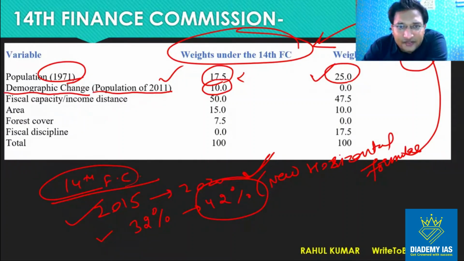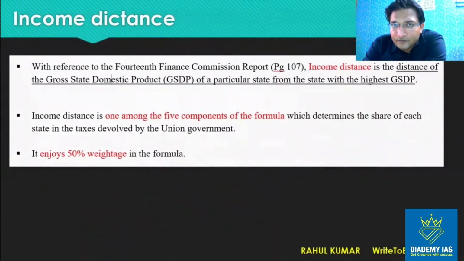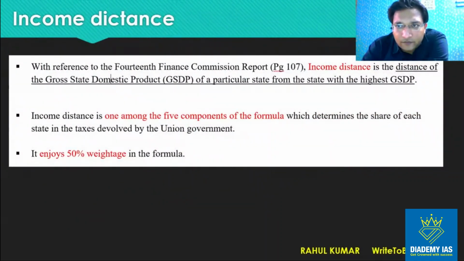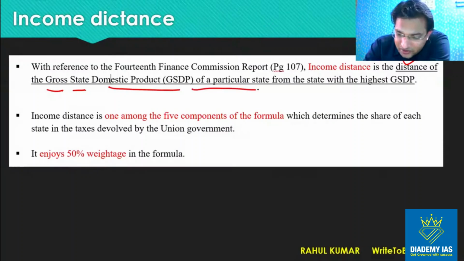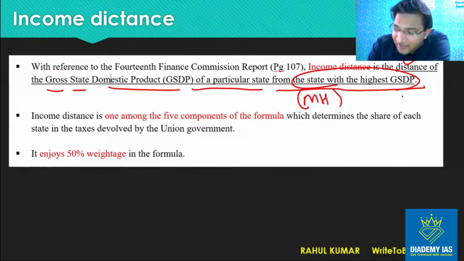Now fiscal capacity or income distance, right? So what is this? Basically it is the distance of the gross state GDP of a particular state from the state with the highest GSDP. For example, the state with the highest GDP is Maharashtra, and the highest GSDP is 1000.